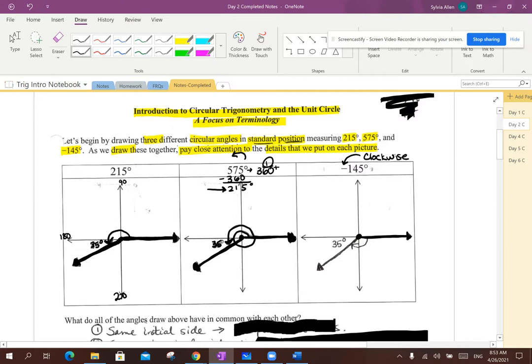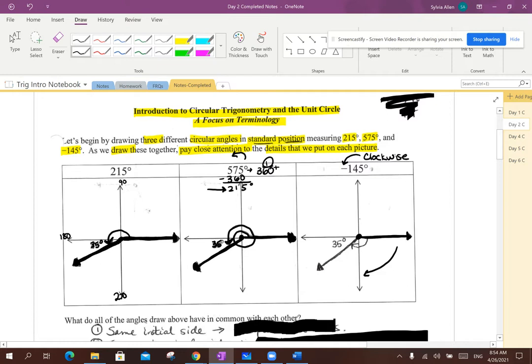We've got 145 degrees. So we know that this is 90 degrees going from here to here. And if we were to figure out how much it is from, there's a couple ways you could do this, but we always like to put the reference angle in terms of the horizontal axis, so the x-axis.